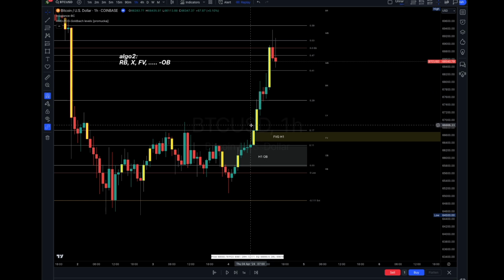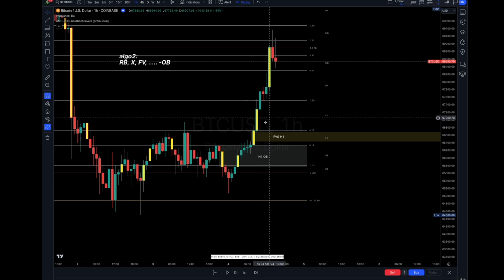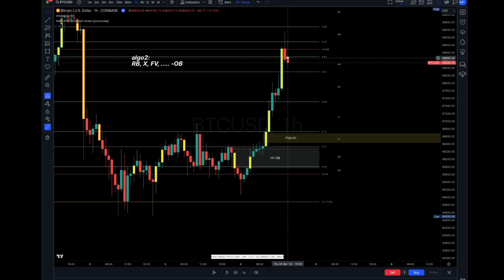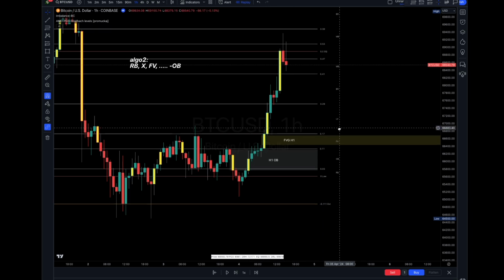However, you do not try to enter in liquidity voids. These are the fake fair value gaps that you sometimes get into if you only trade ICT and you're not aware of where the true fair value gap will lie. Okay, nothing here will be a fair value gap. They are just imbalances. The only true fair value gap is here, right, in the fair value GB level.